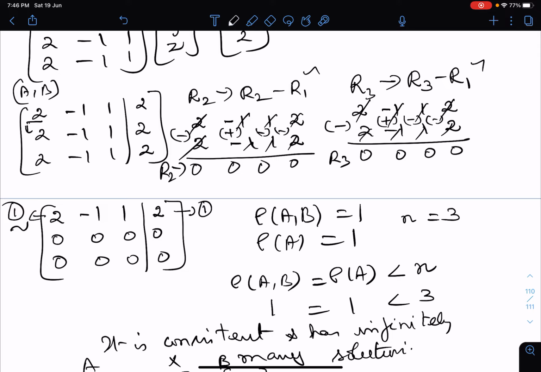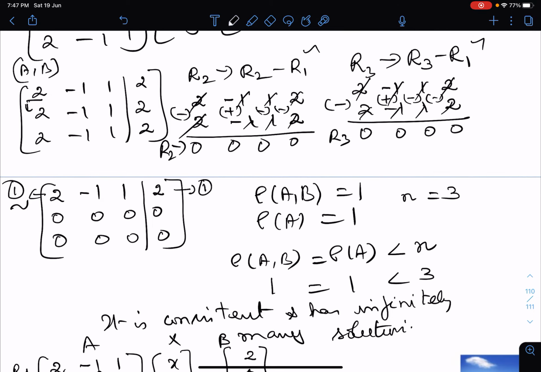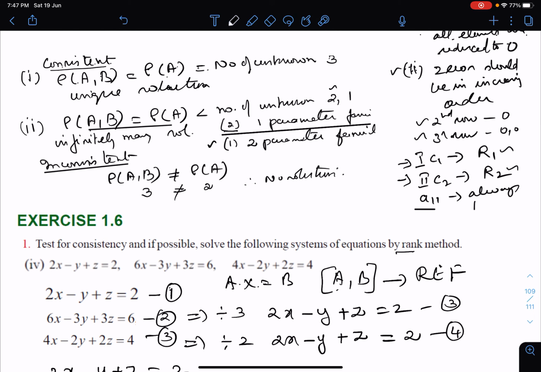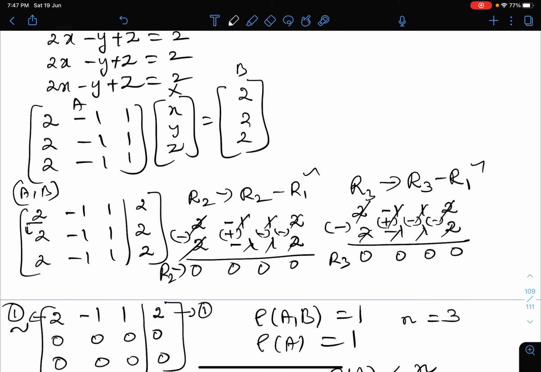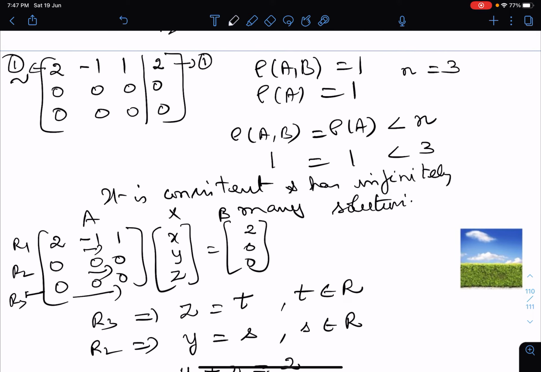So what about the non-zero rows? For the augmented matrix it is 1, and for the 3 by 3 matrix also it is 1. So rank of AB equals 1 and rank of A equals 1, and the number of unknowns is 3, so it is less than 3. If we get 1, it is called a two parameter family and it has infinitely many solutions.